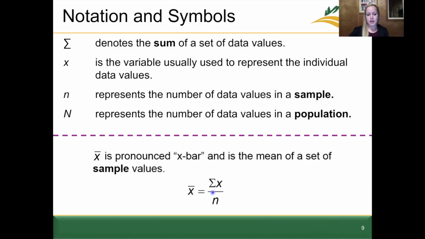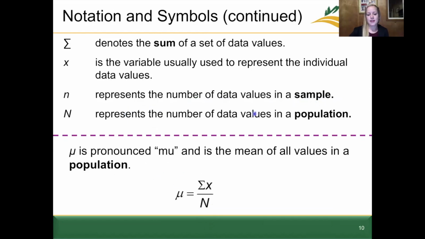Another thing I want to point out here is that when we're calculating x bar, or the mean of a set of sample values, we use lowercase n because lowercase n represents the number of data values just in the sample. Now here we go back to mu, and here you see capital N in the denominator, because this represents the number of data values in the whole population. Okay, so that's some important terminology to keep in mind as we go through the rest of this section.